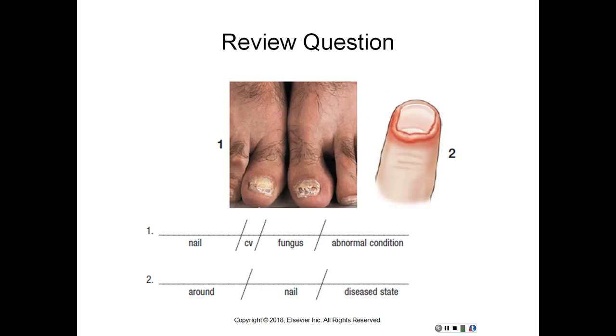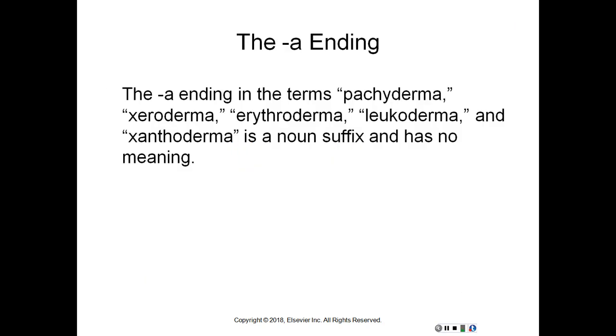So when you create number 2, paronychia, you're going to drop the second A from para, and it's going to be P-A-R-O-N-Y-C-H-I-A. And then the A ending. We learned that sometimes the suffix just A is just a noun suffix. There's no meaning. So here are some terms that end in just an A. Again, it's just a noun suffix, has no meaning at all.